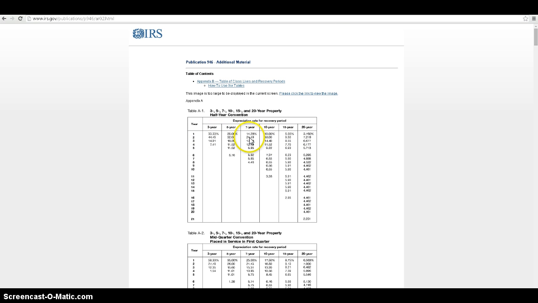Now we are dealing with a 5-year life asset. So in the 1st year, the asset depreciates by 20%. In the 2nd year, it depreciates by 32%, the 3rd year depreciates by 19.2%, and in the 4th and 5th year, it depreciates by 11.52%.